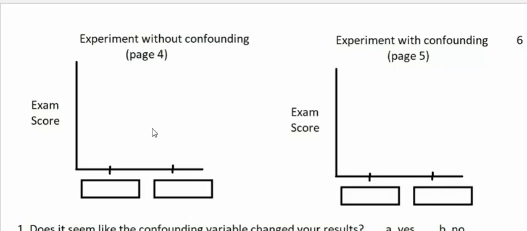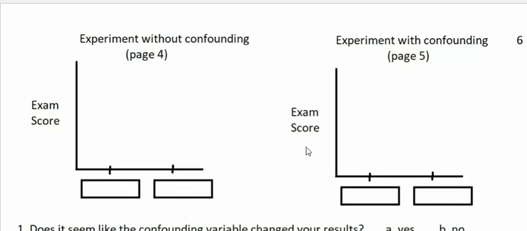So what you need to do here is make the bar graph for the first experiment, which doesn't have a confounding variable, and make a bar graph for the other experiment that does have a confounding variable, and compare them side by side. And down here, you need to put the 2 levels of your independent variable.